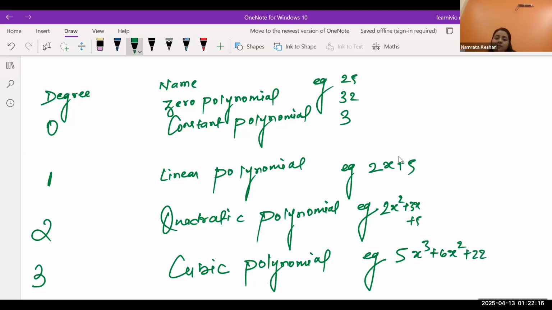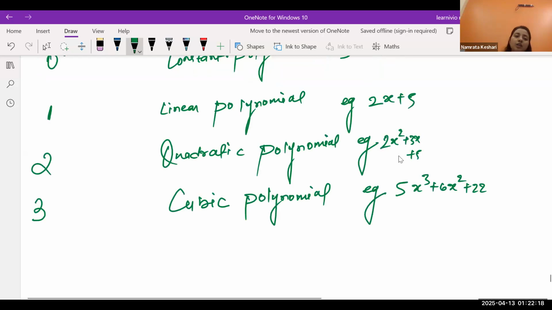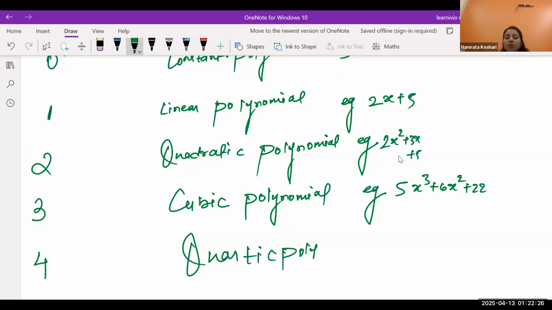Now next, when the degree of the polynomial is 4, its name is quartic polynomial, and that's it. We won't be able to keep so many names in our mind, so only from 0 to 4, only 5 names you need to memorize. What's the need of it?